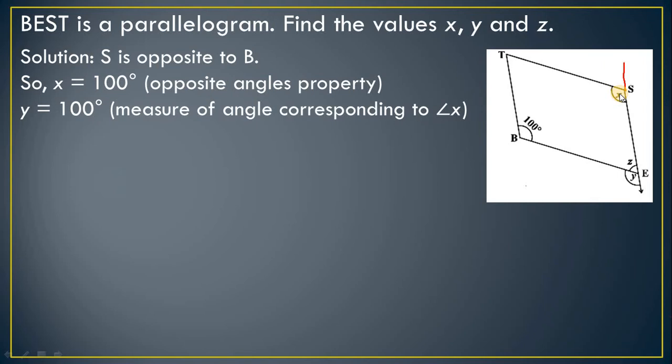So x is 100, so y will also be 100. Then you can find z, because y is 100, so 180 minus 100 is 80. So because of linear pair, angle z will be 80.